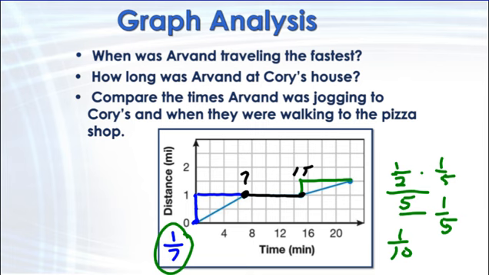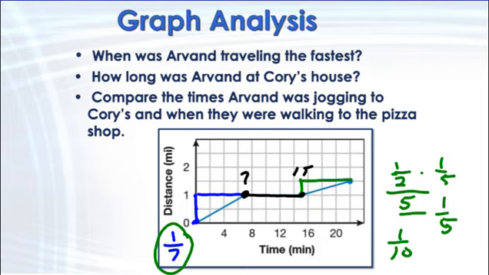So when he was jogging to Corey's, that would have been 7 minutes. And from the time that they were walking to the pizza shop, this would be from 15 minutes to 22 minutes, which is 5 minutes.